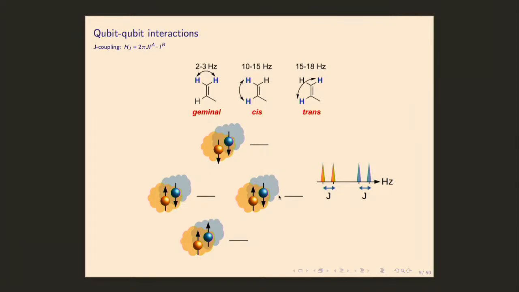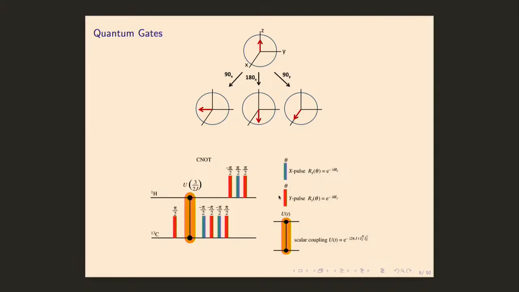So that's a good thing, because now we have all the things. We can address this hydrogen separately because its Larmor frequency is different, or I can address this one separately because its Larmor frequency is different, and they are coupled, and so on. So here is the example.